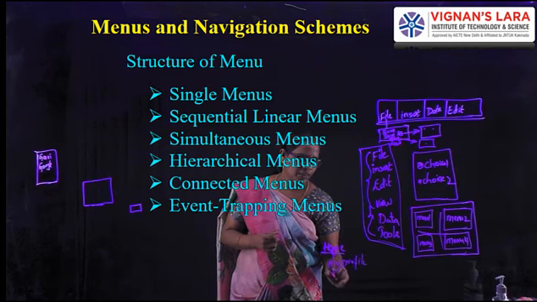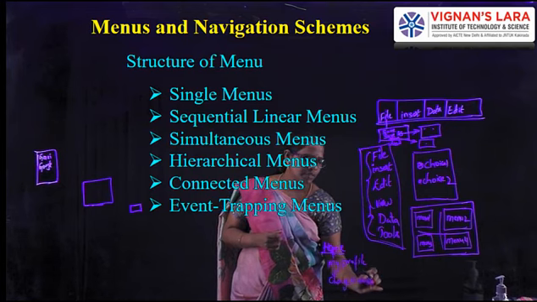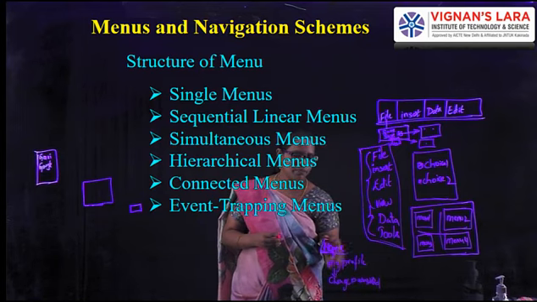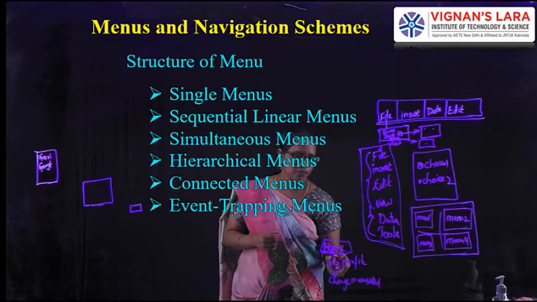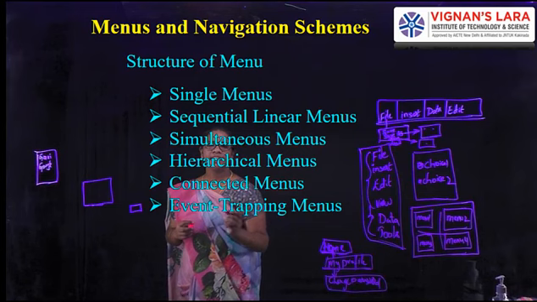If you click on my profile, it will go to change password. That means they are interlinked with each other. Whenever you open one menu, if home is one menu, then if you click on that, you will go to my profile. So that is the interlink, that means connected. This is called connected menus.